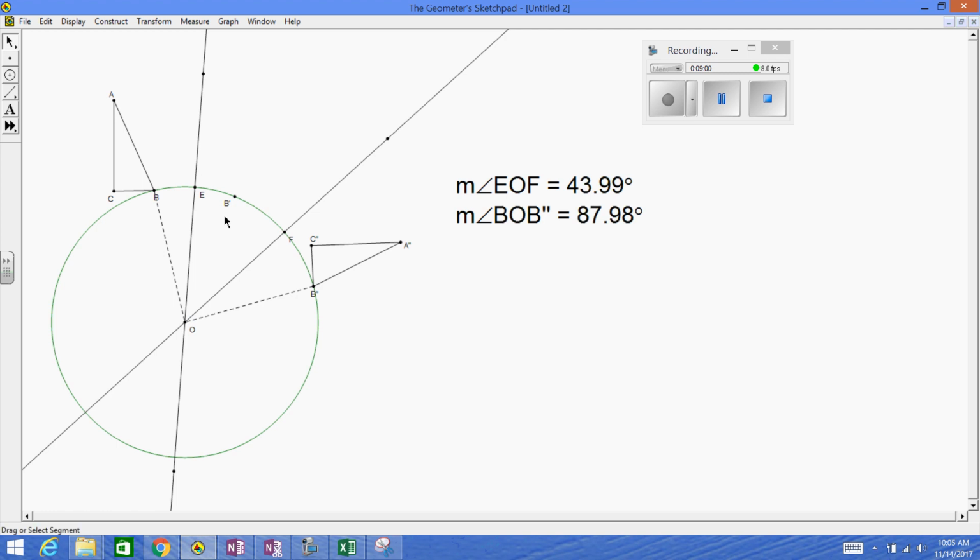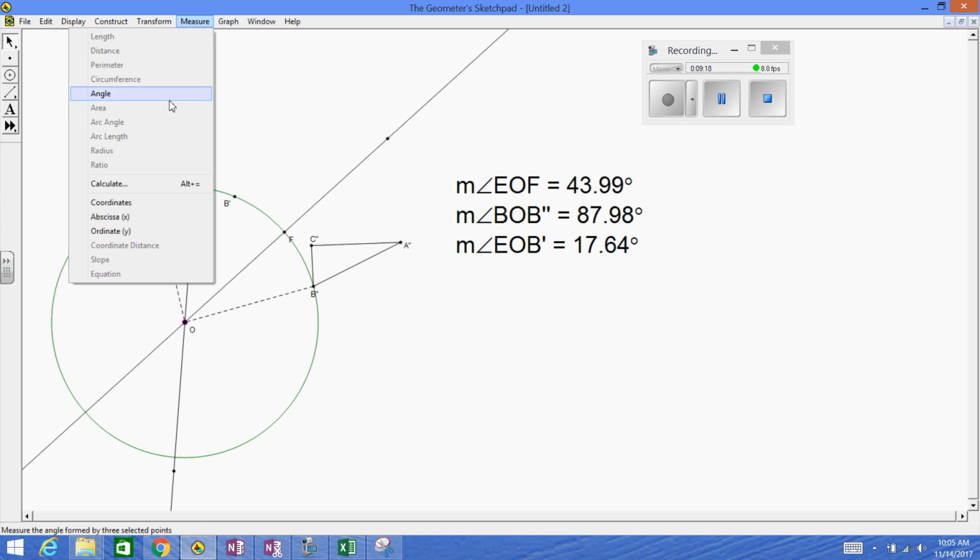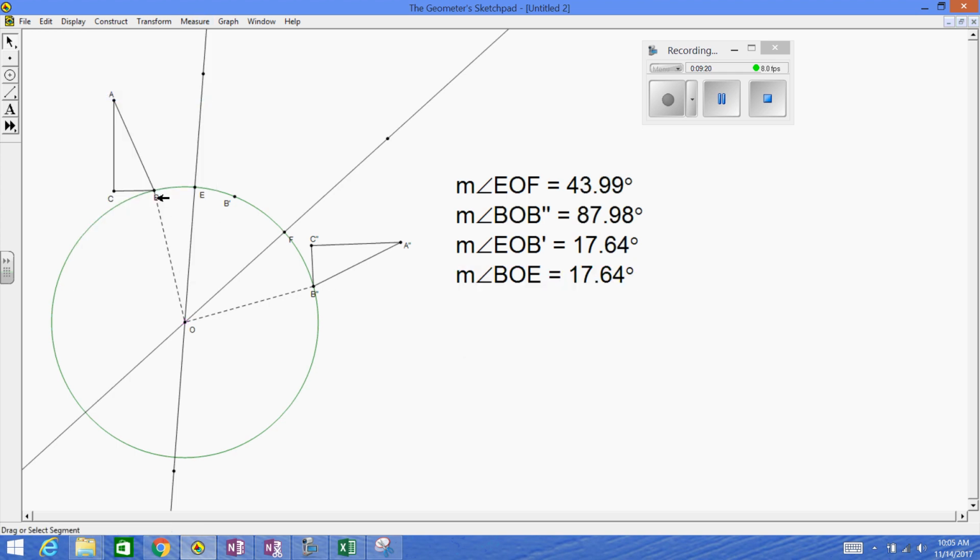Now, let me just show you why. If you measure the angle from E to O to B prime, let's just measure that, 17.64. My claim is that this is going to be the same exact angle. And it is. So whatever this angle is right here, let's just draw that in lightly as well, is the same as that one.